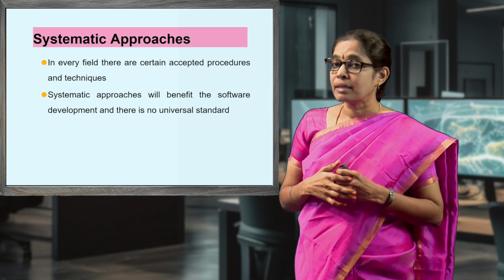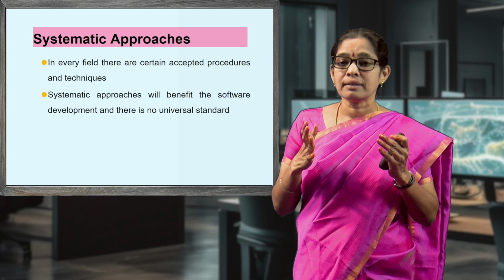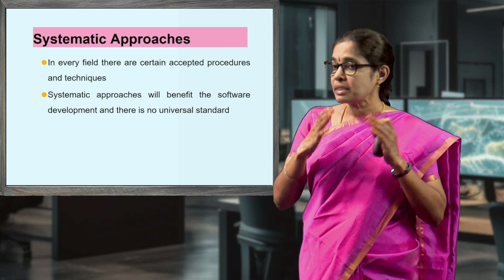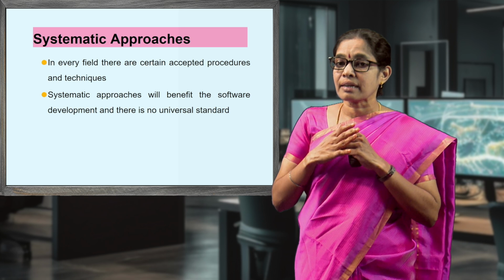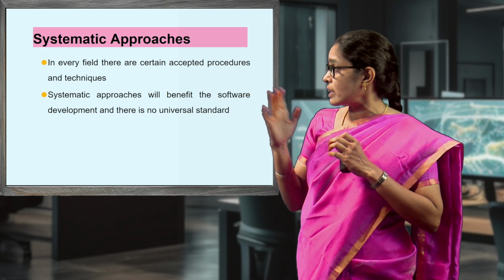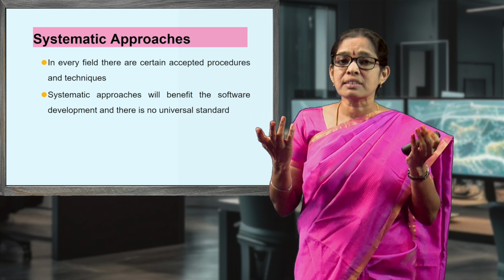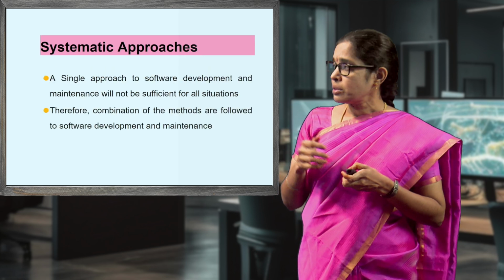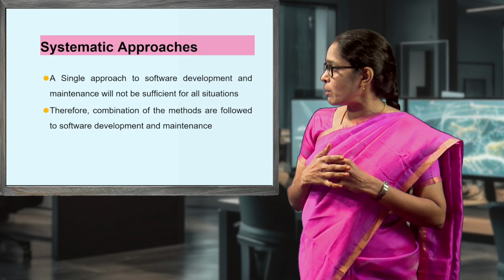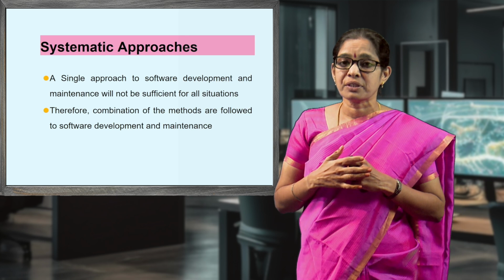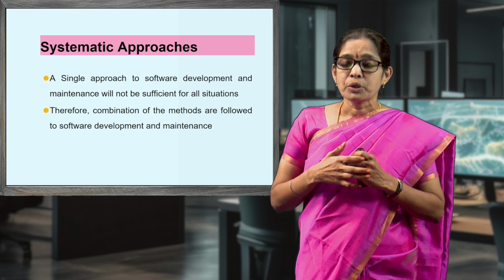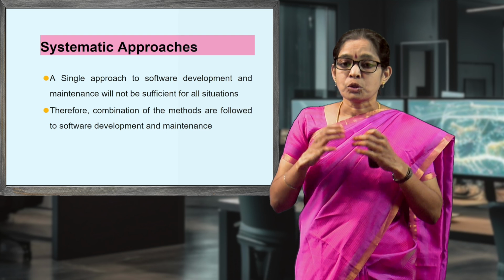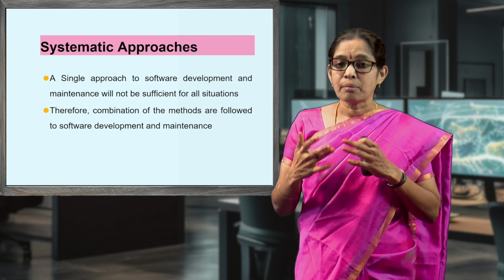Obviously in every field there are certain accepted procedures and techniques. These accepted procedures and techniques will benefit software development. Here there is no universal standard to develop software. So, a single approach to software development and maintenance will not be sufficient for all situations. So, we have to consider a combined approach to develop and maintain software.